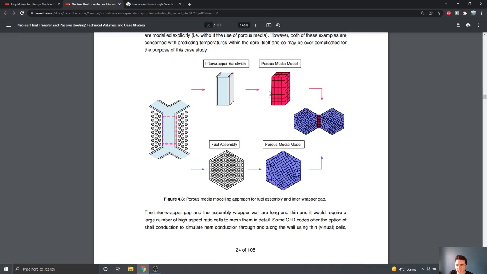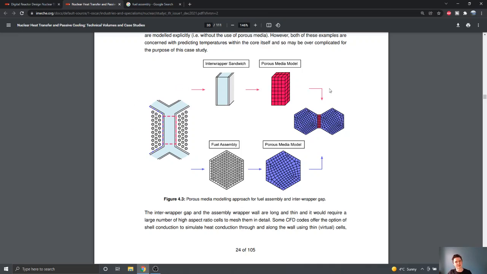And then what we also do, the really interesting bit, is come up with another porous media model for the flow that's passing between the fuel assemblies. This porous media will account for the frictional losses from the walls of the hexagonal fuel assemblies.